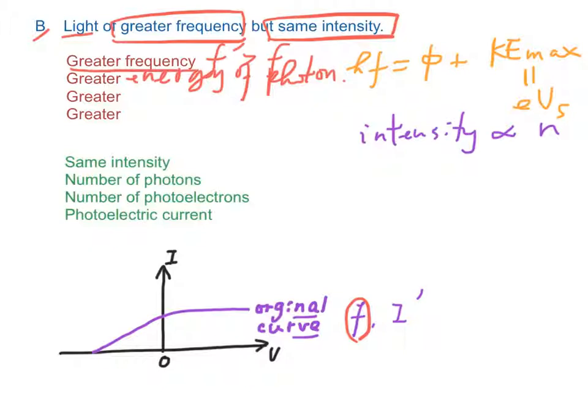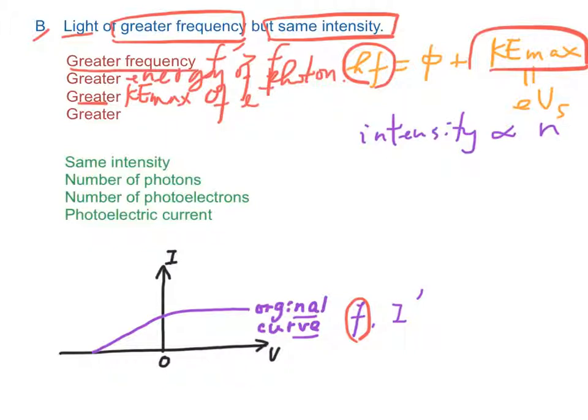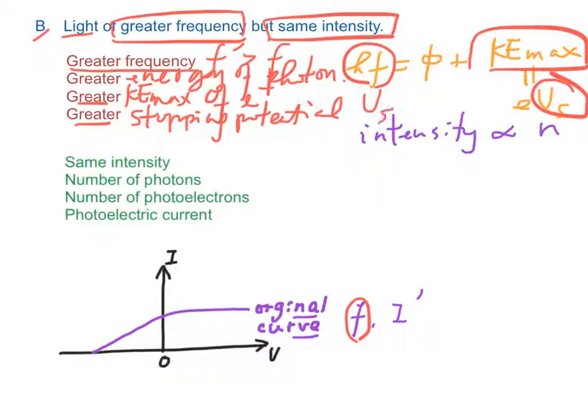Therefore, we have greater maximum Ke of photoelectrons emitted. Hence, we should have greater stopping potential Vs.